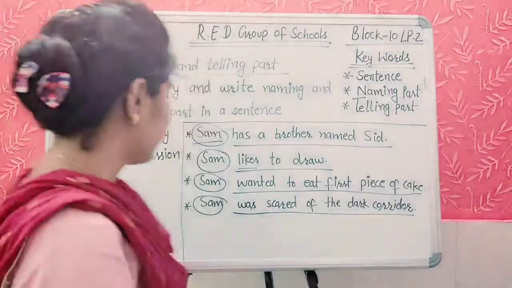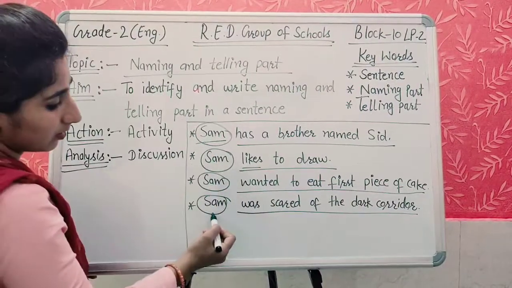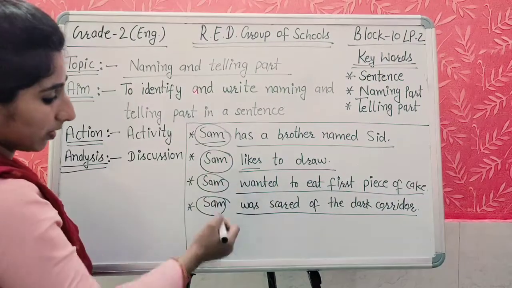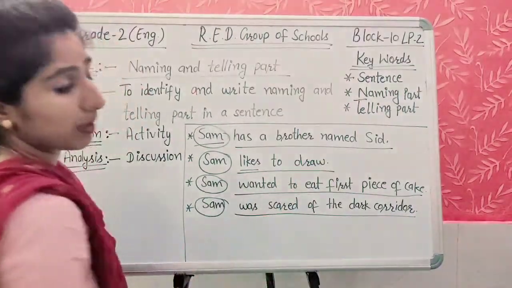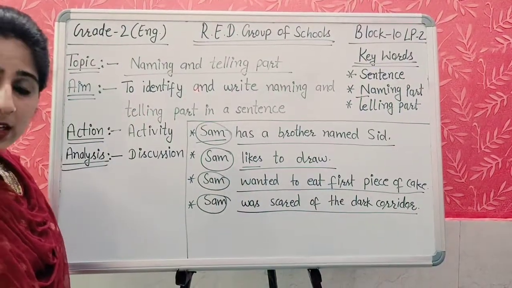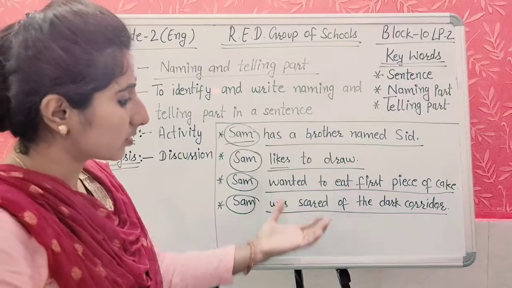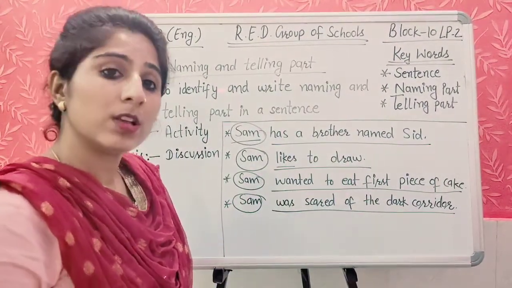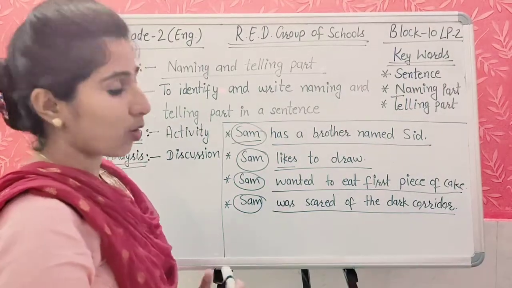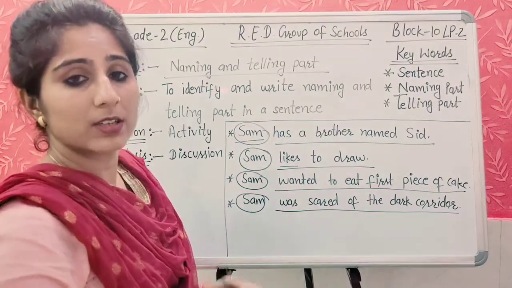The circled word is the same, only one word, Sam, and the other parts which are underlined are the telling part. All the underlined words are giving information about Sam. So this thing is common in these underlined and circled words.